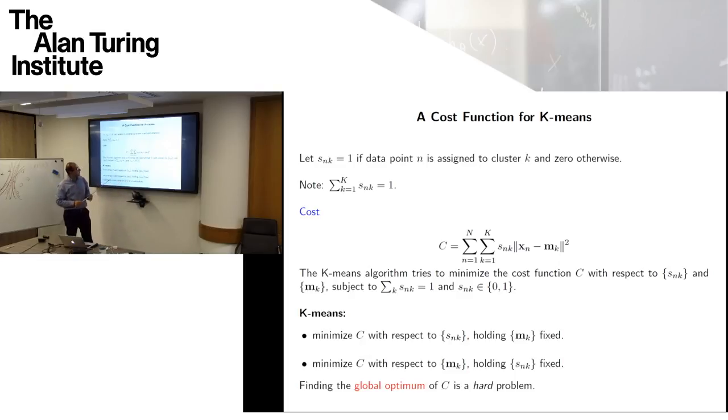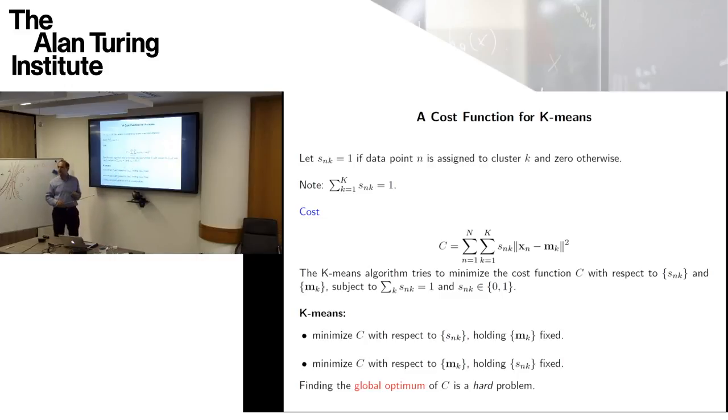If I want to minimize that, subject to the constraint that I have to choose one of the k's, the best way is to choose the k for which my squared distance to mean k is smallest, because these are all non-negative quantities. So I just choose s_nk equals 1 if x_n is closest to m_k. So the first step of k-means is individually for every data point minimizing this cost function with respect to the s_nk's, holding the m_k's fixed.